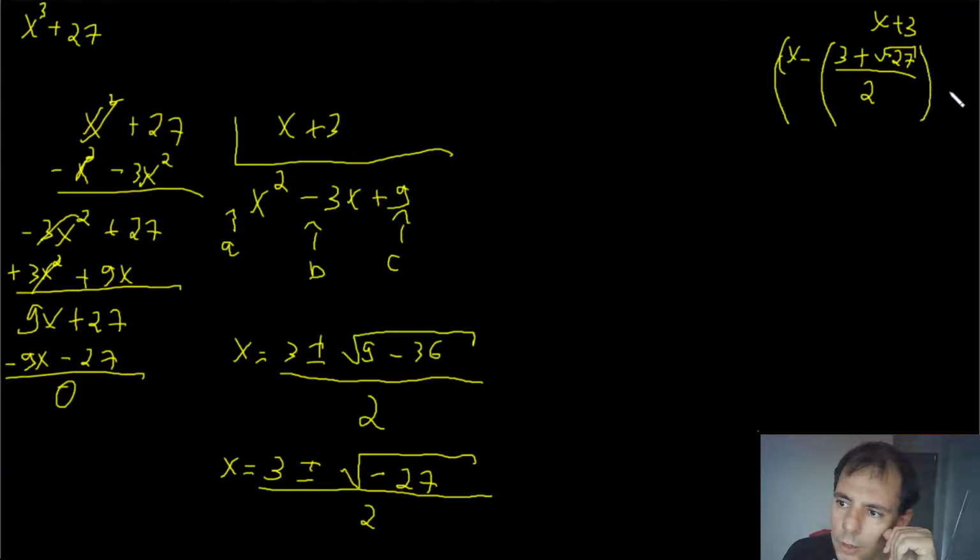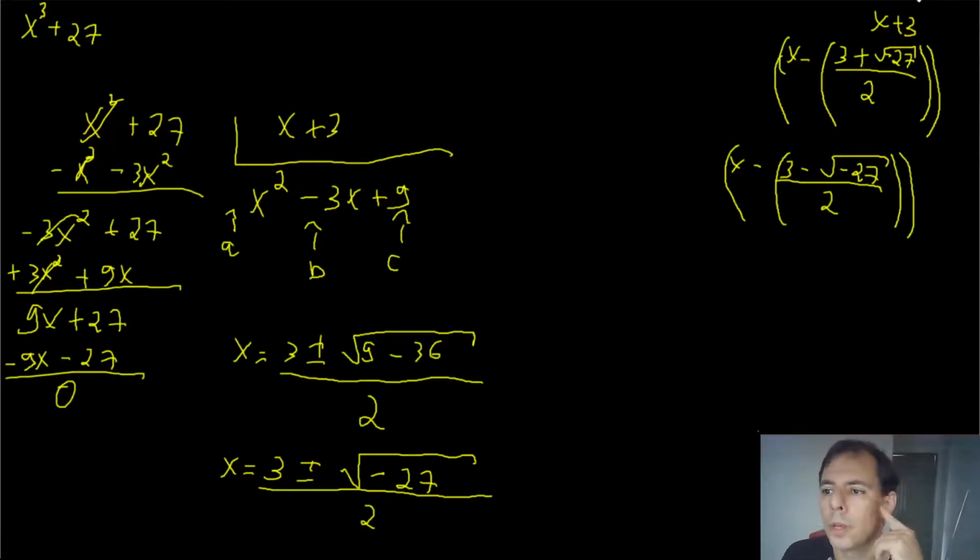So this is going to be one of the factors. This is the first, this is the second, and the third factor comes over here: x minus, and it's going to be 3 minus the square root of minus 27 divided by 2.